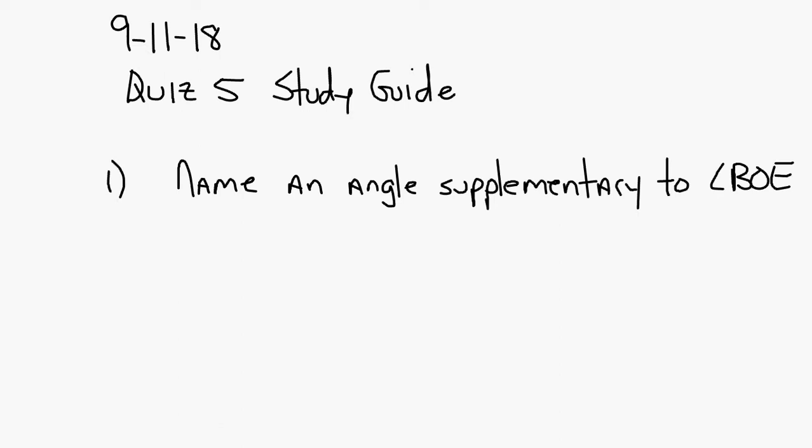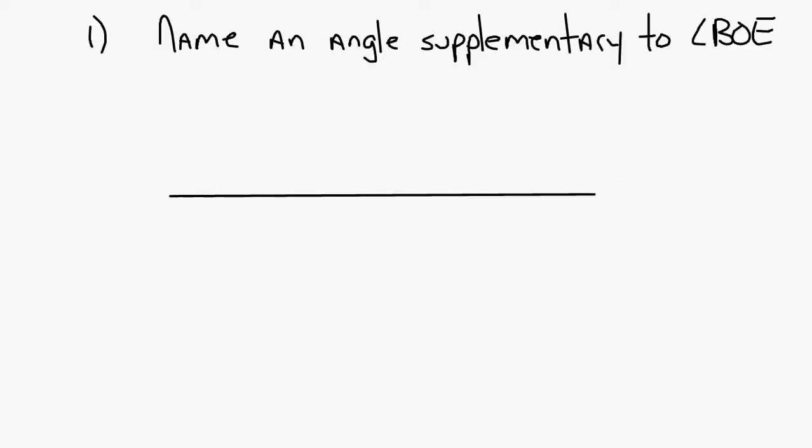What you've got to remember: do you remember what supplementary means? It means 180. Supplementary means sums to 180. So in this diagram, we have angle AOB and CD.